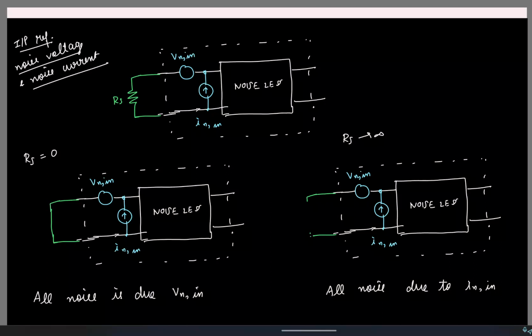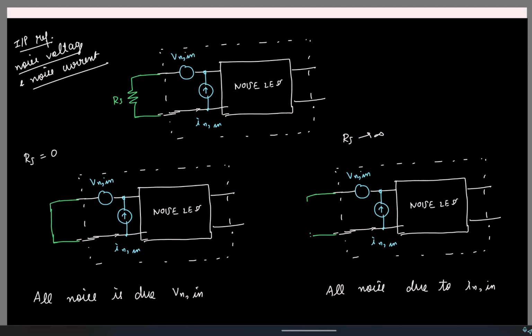So what this means is, if I have RS to be 0, I don't need Vn in, so Vn in is essentially 0, right? Because entire noise is coming from the current. Oh sorry, it's not right, I made a mistake. Is that point clear?